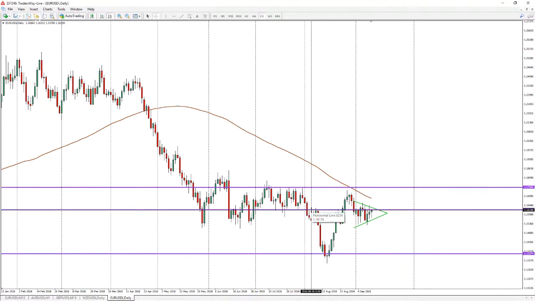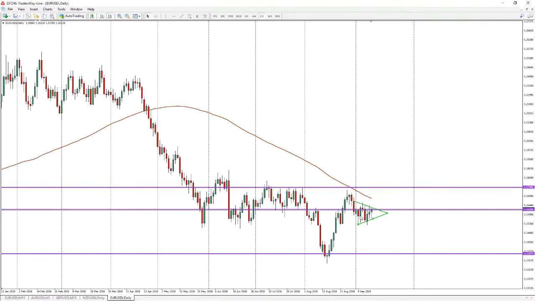You could have entered on the break or on the retest, and either one would have generated a nice 300 pip move, but you would have had to be really patient to get this move. That's one of the problems with trading: the patience, right? It takes a lot of patience. And if you get a good move, you can make your money on it and move on to the next one, but you've got to be patient.